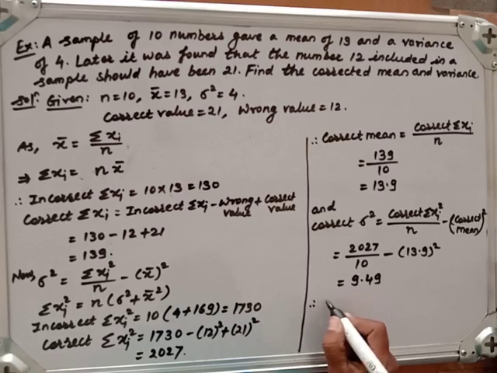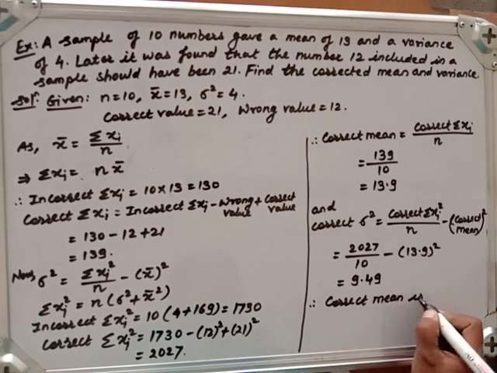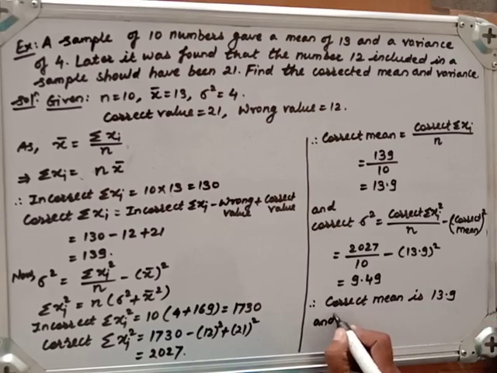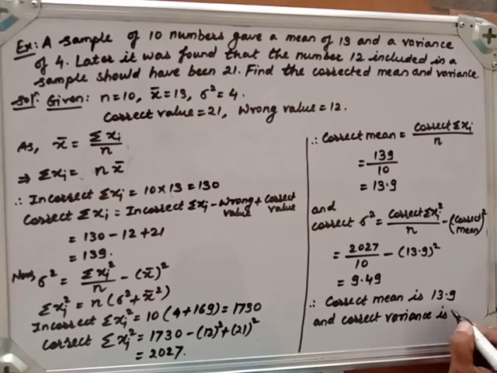Therefore the correct mean is 13.9 and the correct variance is 9.49. This is our answer here.